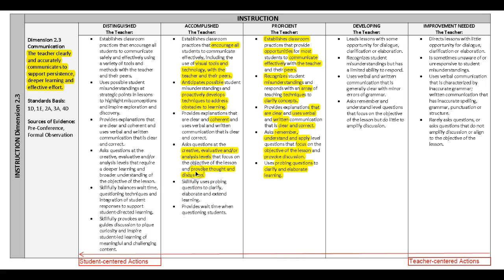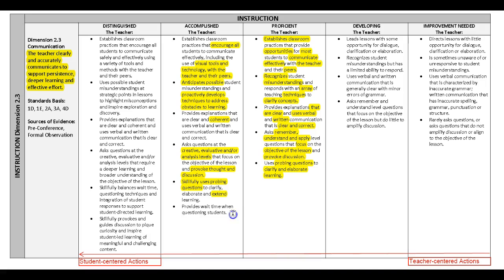So it goes a little deeper than the proficient level teacher. Skillfully uses probing questions to clarify, elaborate, and extend the learning. So they're taking the learning a little further.